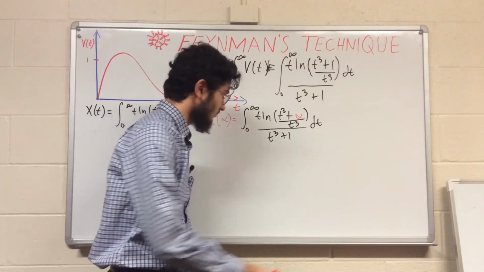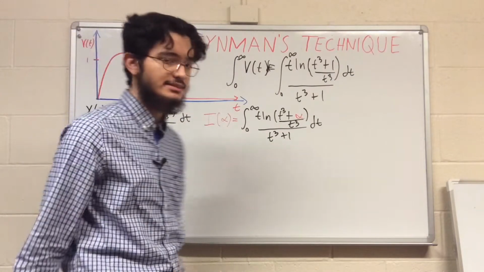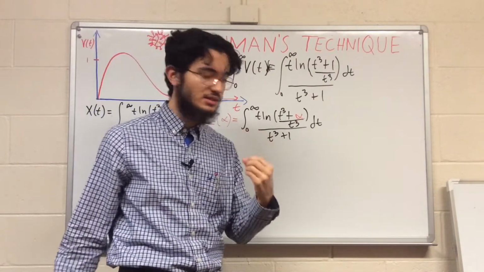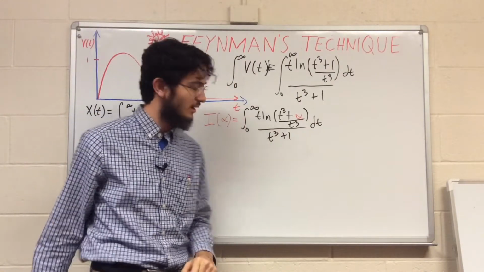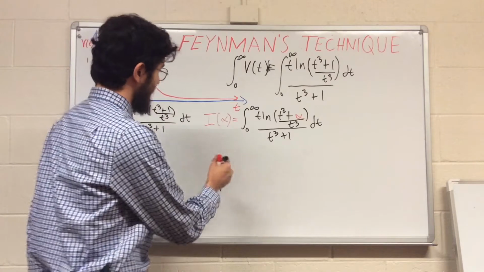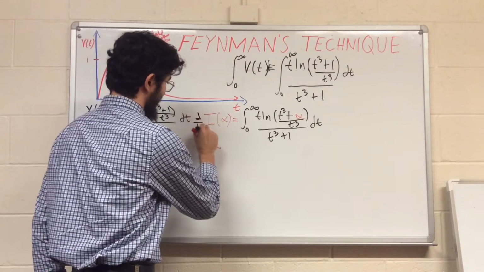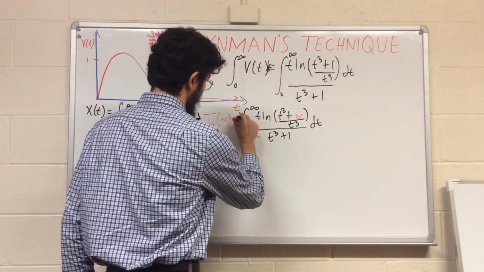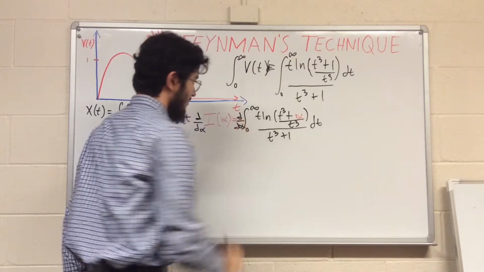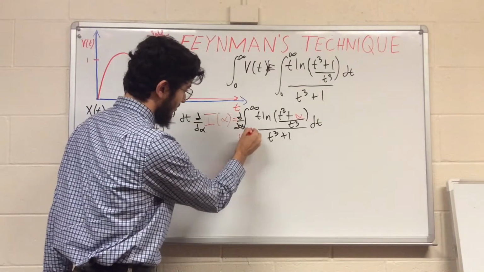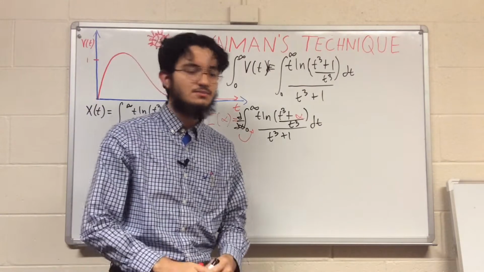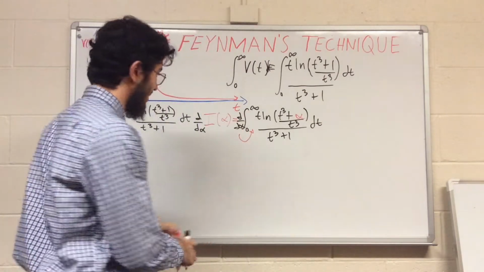Using Leibniz's integration, differentiation under the integral sign, we take the derivative on both sides with respect to alpha. If we take the derivative d over d alpha on both sides of this integral, using Leibniz's differentiation under the integral sign, we can bring that differential term inside, and so we get something like this.